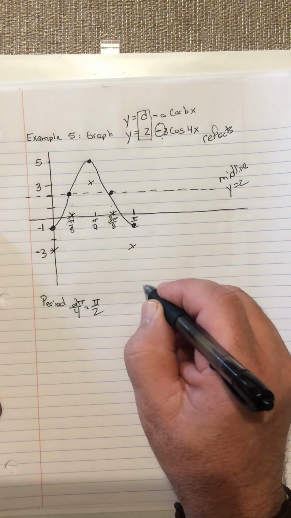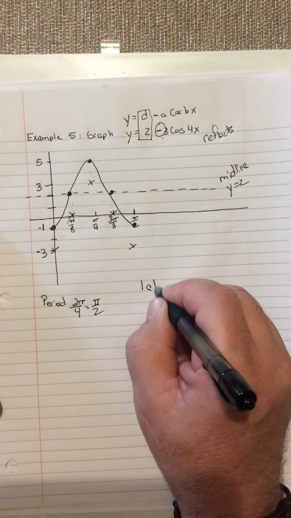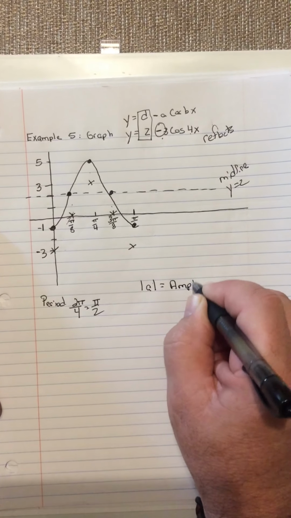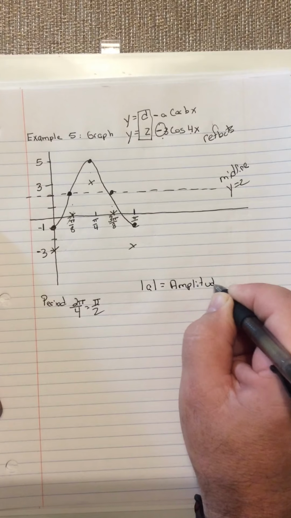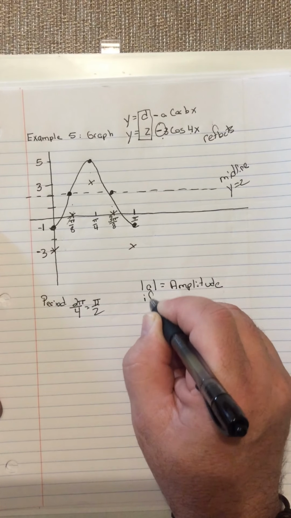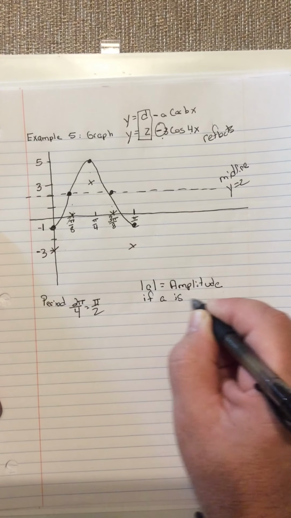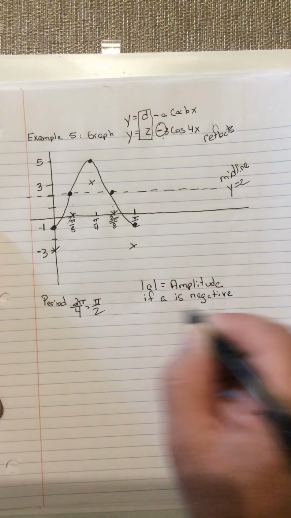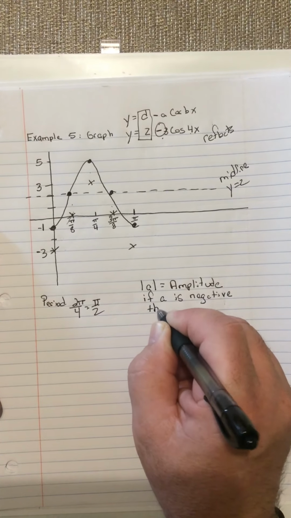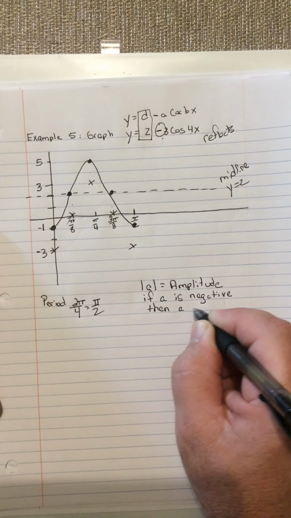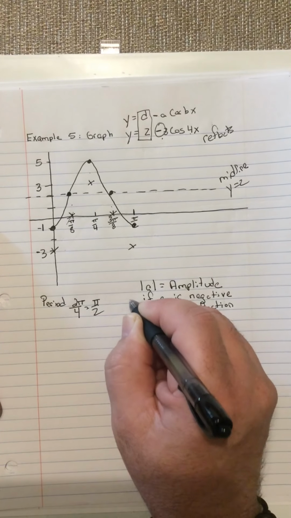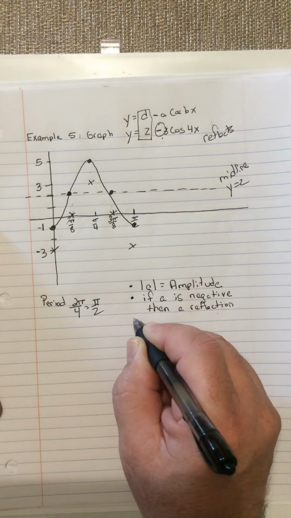Real quick, remember the absolute value of A is the amplitude. If A is negative, then a reflection. Okay, so 2 things here.